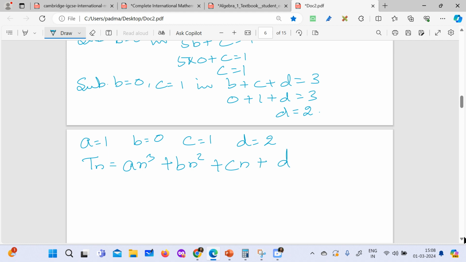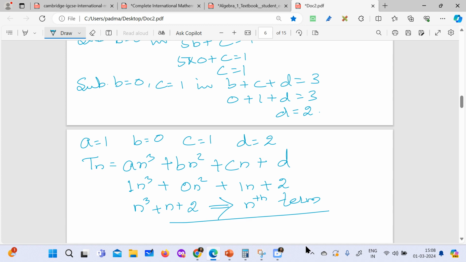Now 1 n cube plus 0 n square plus 1 n plus 2. Then, Miss, is it n cube plus n plus 2? Yes. So this is my nth term for the required sequence. Finally. Okay. So for the given sequence, this is my required nth term. Is this clear to you?